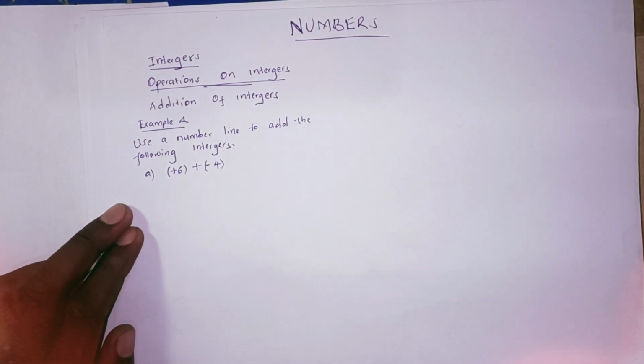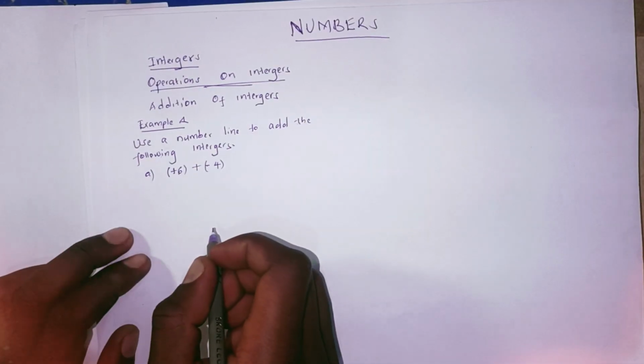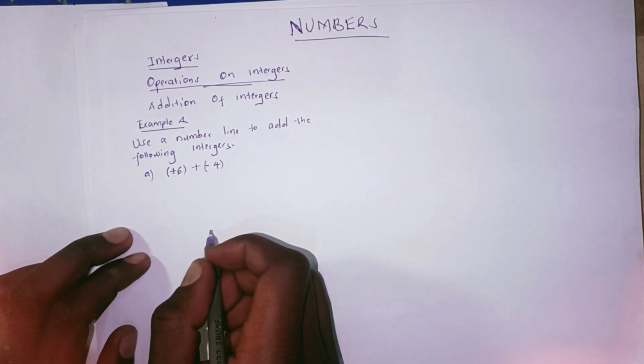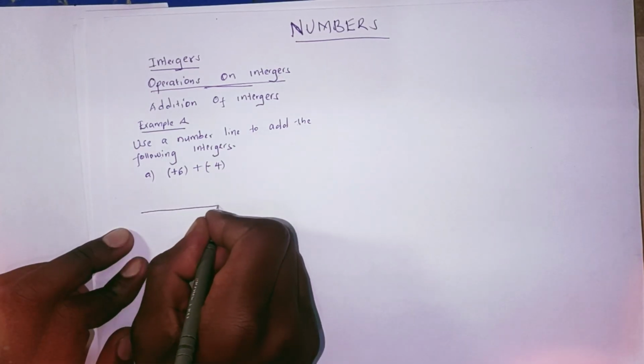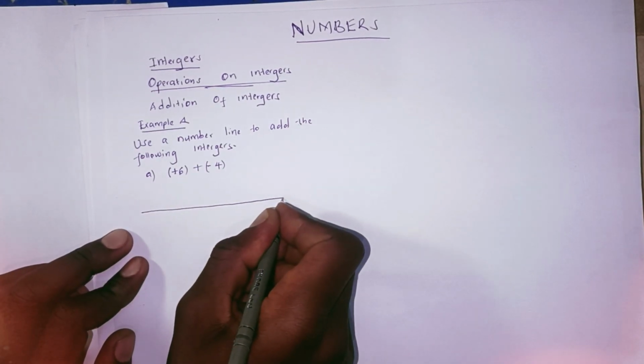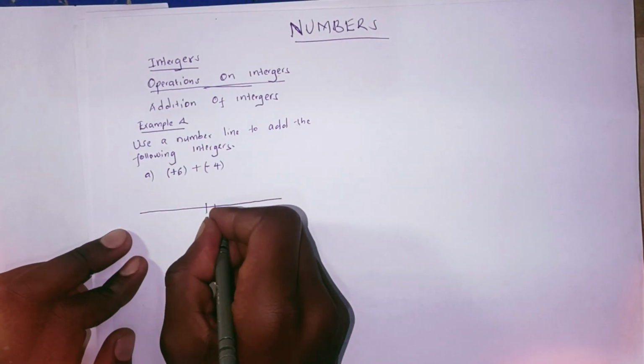If we have positive 6 plus negative 4, how do I present it on a number line? Because here is a positive and this one is a negative, I'll draw a number line that includes all the negatives and the positives with an inclusion of 0. This is my number line. Then this one is my 0. The positive side is on the right.